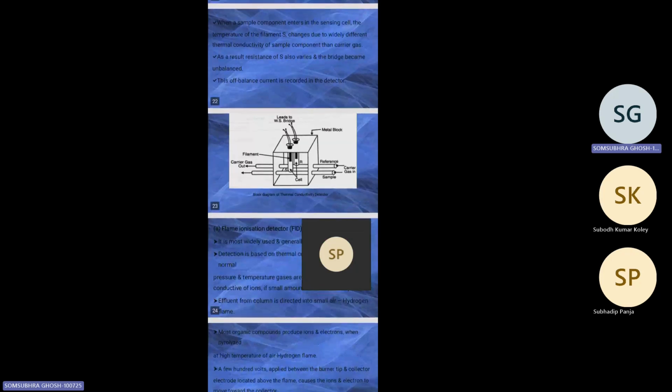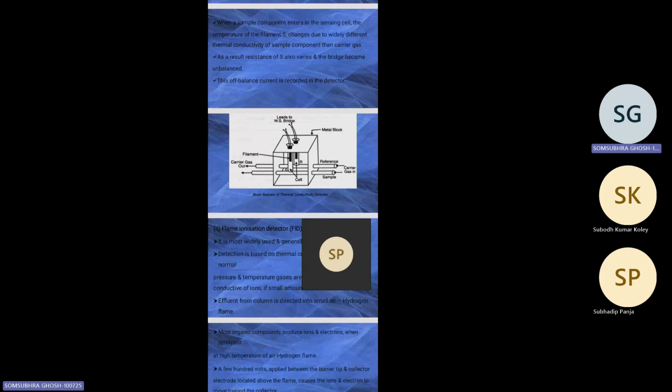I am not going into much more detail because you can very easily understand if you read this. So, very simply, I am telling you how it works. There will be two portions in the picture of this detector. Through one portion only the carrier gas will be flowing.